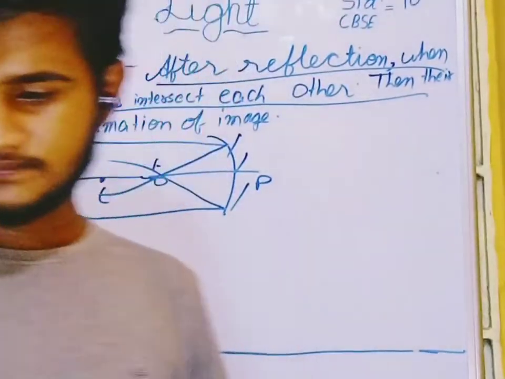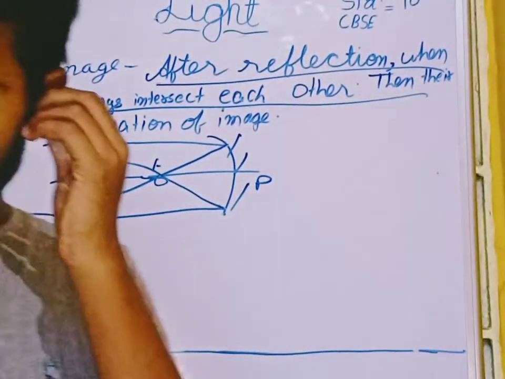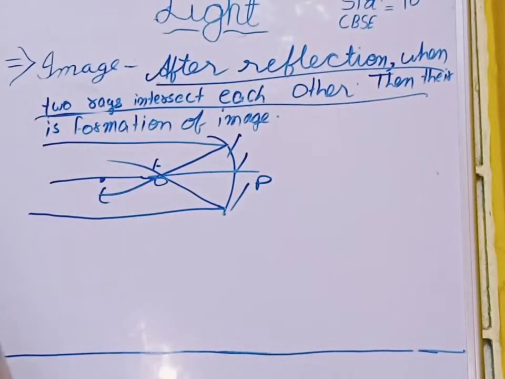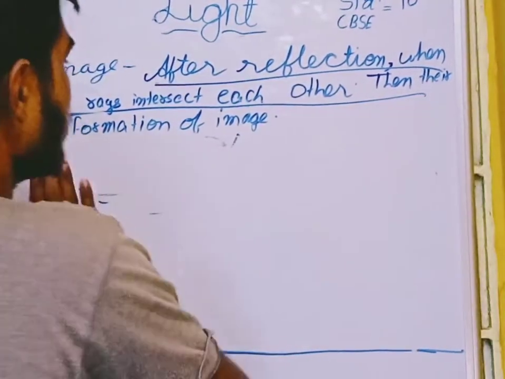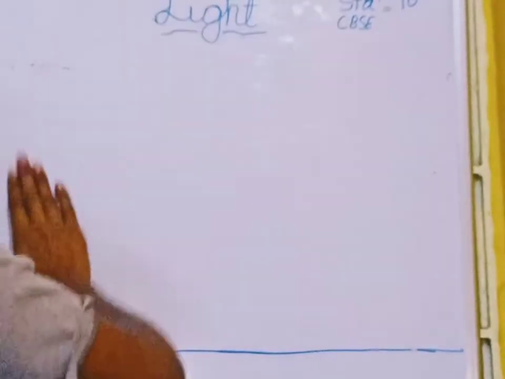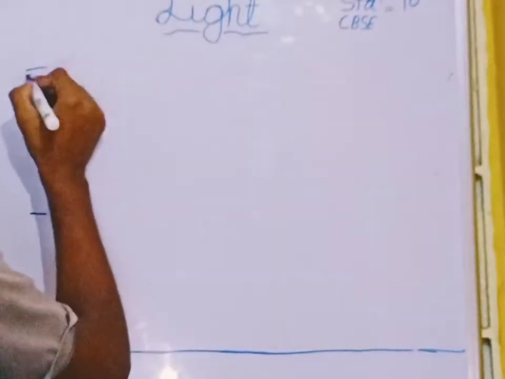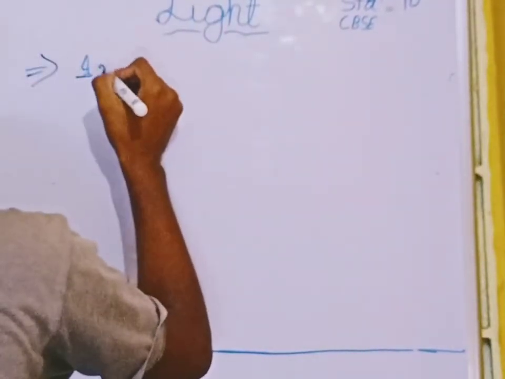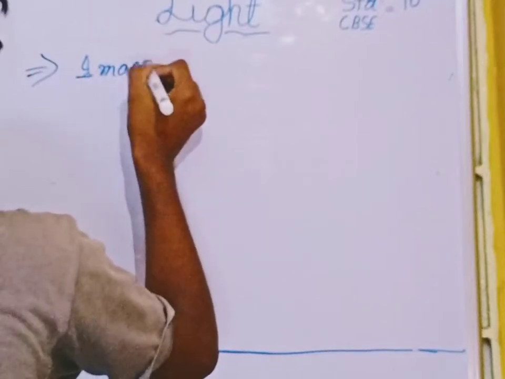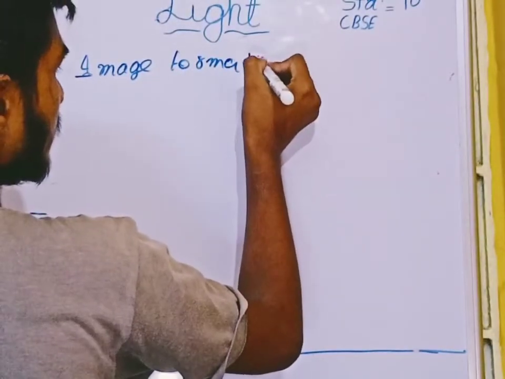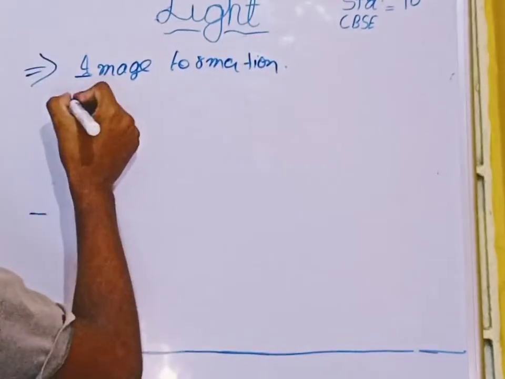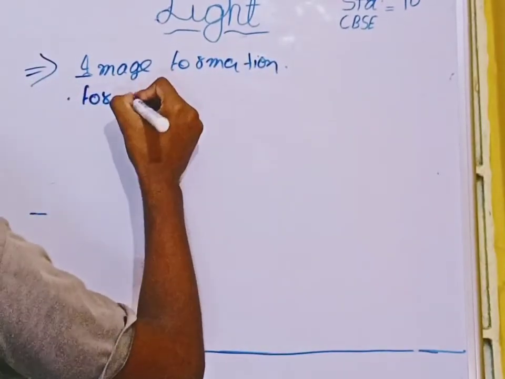Image formation requires a minimum of 2 rays. Now we have to see image formation.